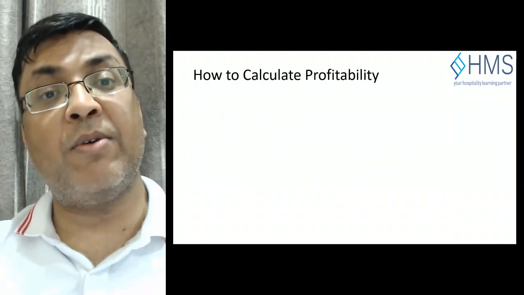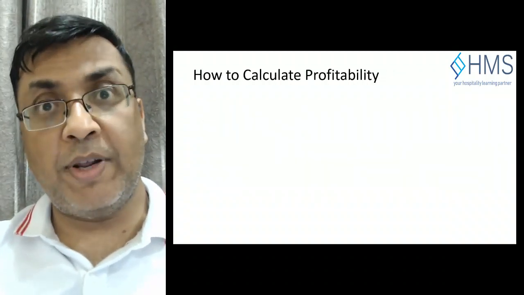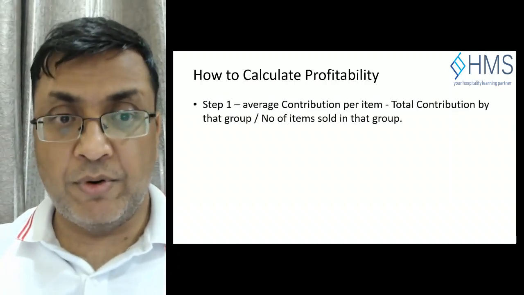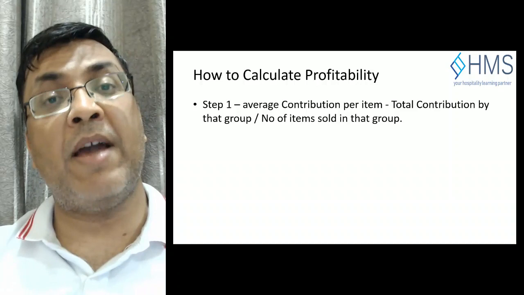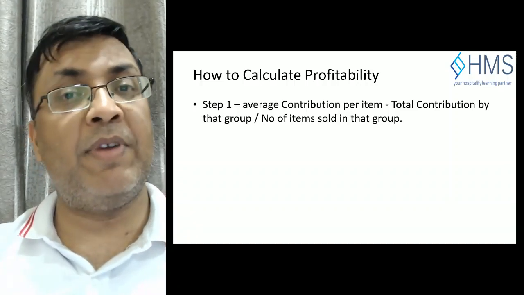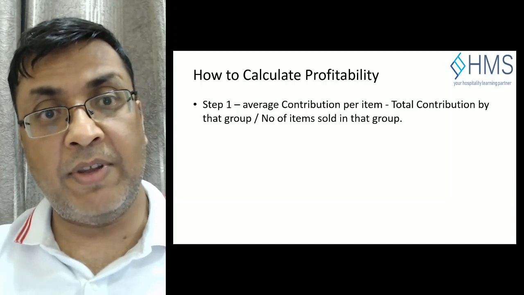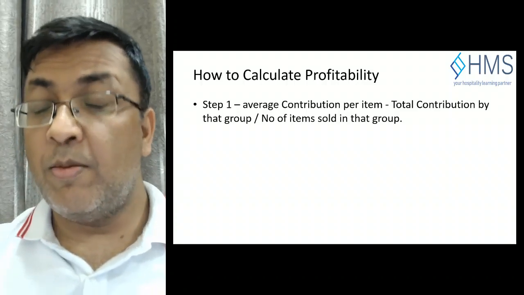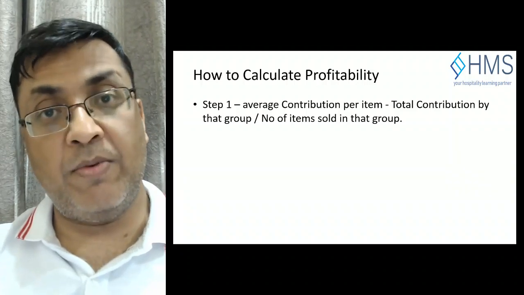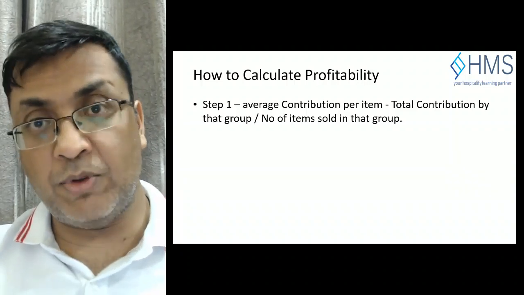Now how do we calculate which item is more profitable or less profitable? The first thing we have to do is to understand the average contribution per item in that particular menu group. For example, when we calculated the popularity, we calculated total sales divided by number of menu items to calculate average items sold in that group.